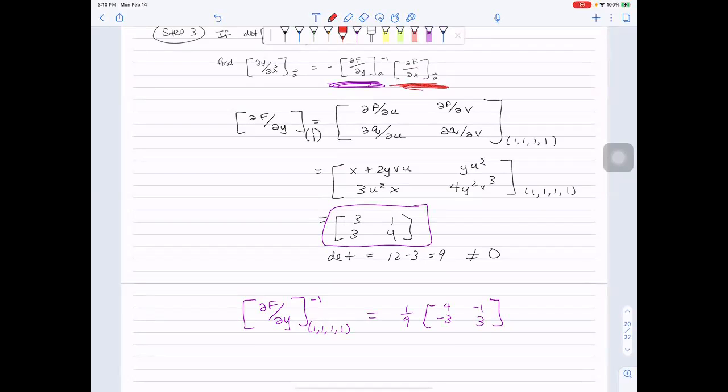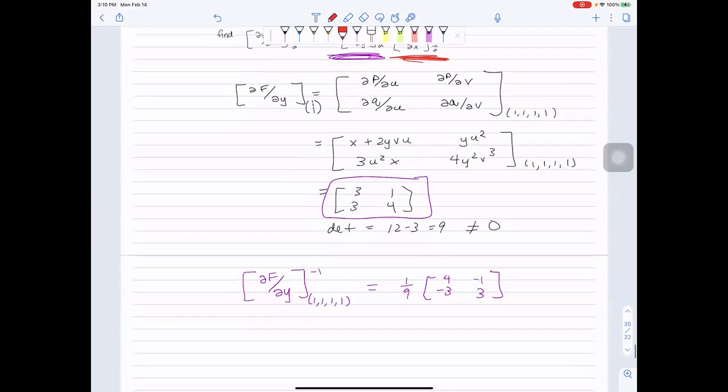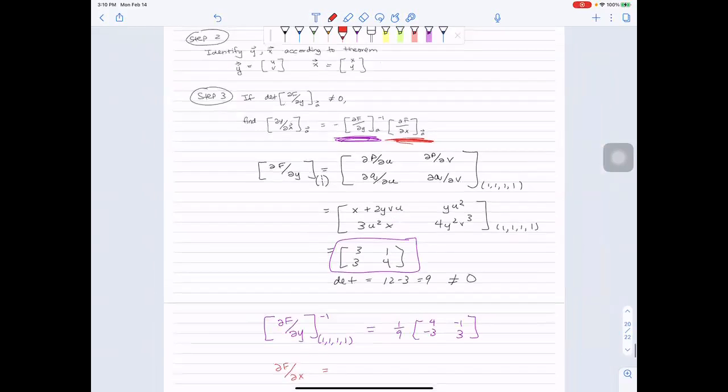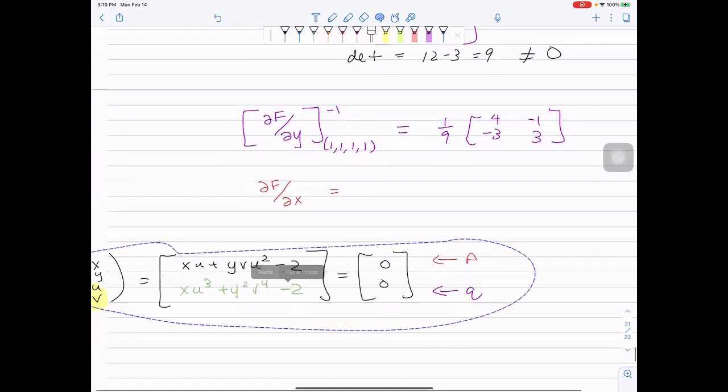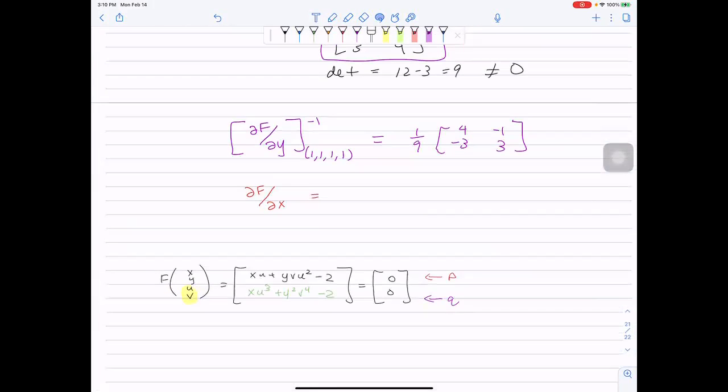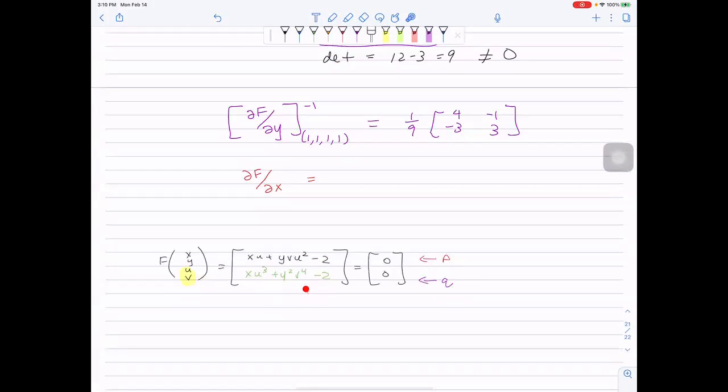Now we need this part, the partial of F with respect to x. So what is our F? Our F had two outputs. Okay, this is getting slightly small, so let me paste it down here. Our F has two outputs. We called x as x, y, so that's two inputs, so we should have a 2 by 2 matrix.